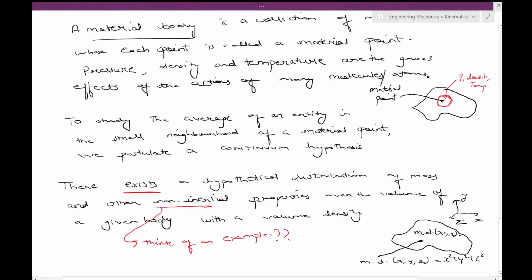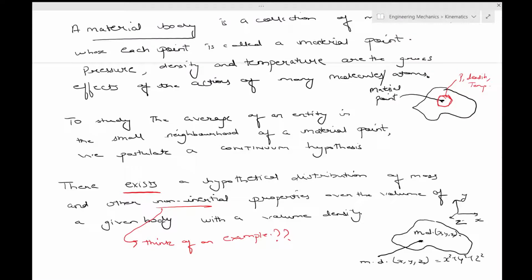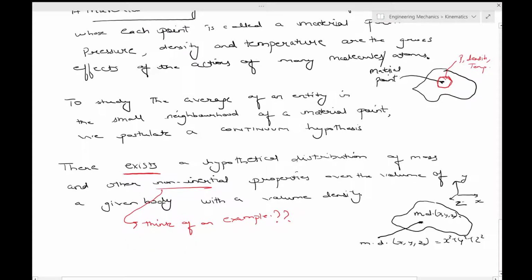Anything in red which I write, that's something you should be able to answer yourself. If you are not able to, you have to think about it and then answer. And these distributions have to exist over the volume of the given body with the volume density. So that's the overall idea.